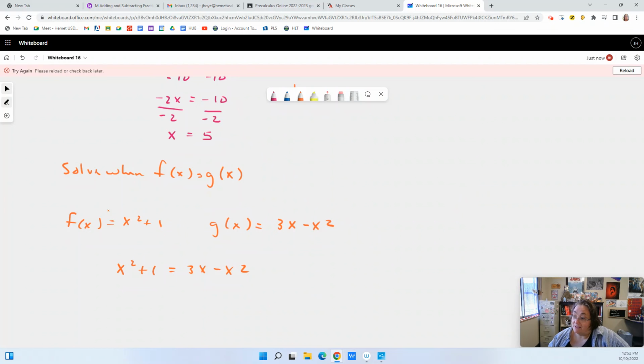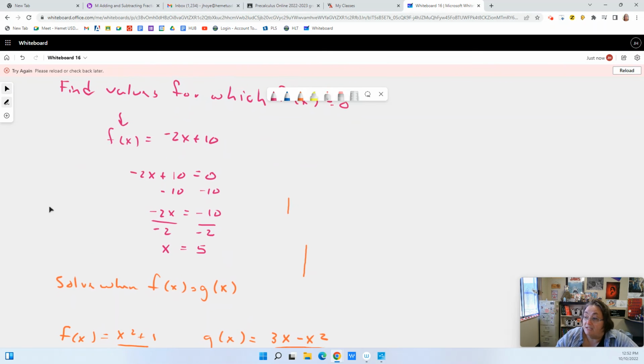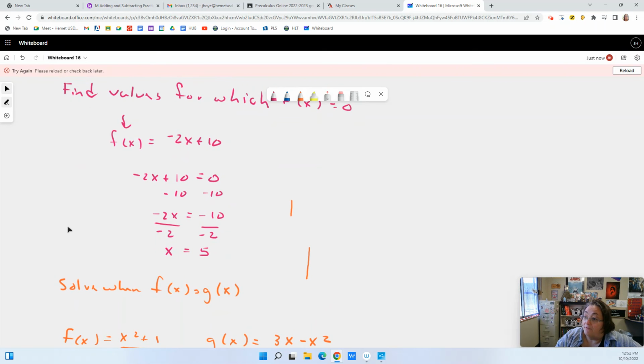I could just take this and set it equal to this and solve. That's all that it means. So when it says if f of x is equal to 0, you just take whatever equation they give you up here and set it equal to 0 and solve.